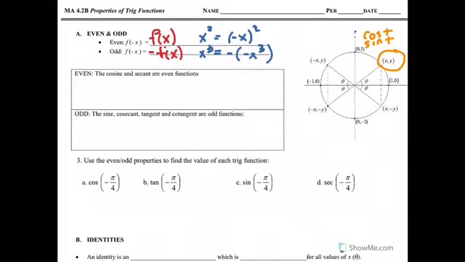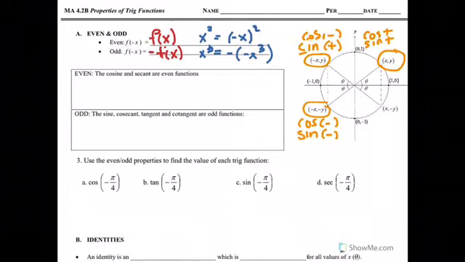When we worked in the second quadrant, we had a negative cosine, but we had a positive sine. In the third quadrant, we have negative cosine and negative sine. And in the fourth quadrant, we have a positive cosine but a negative sine.